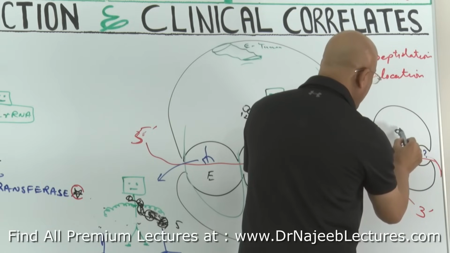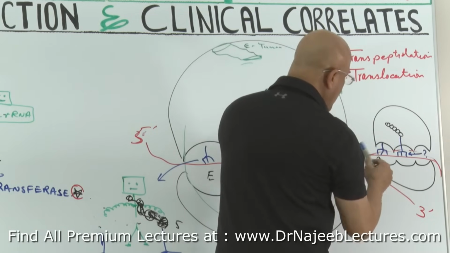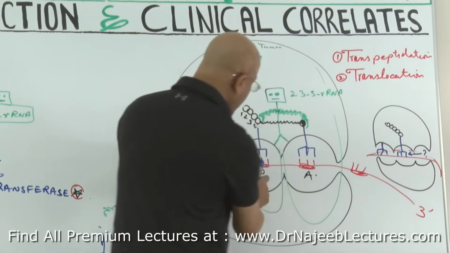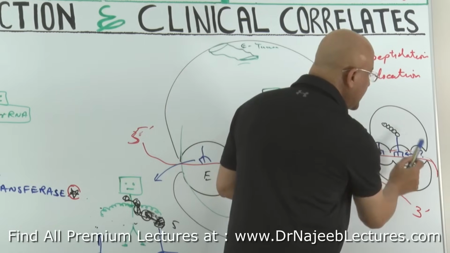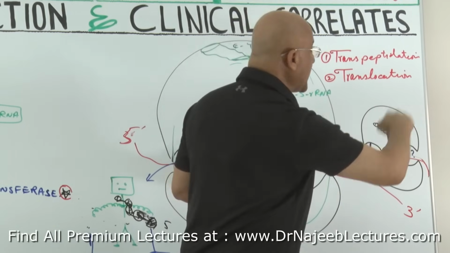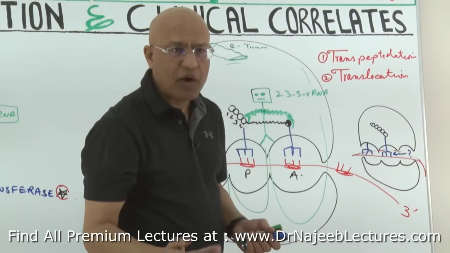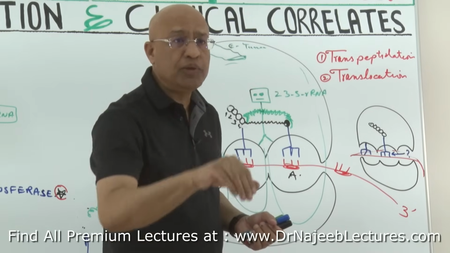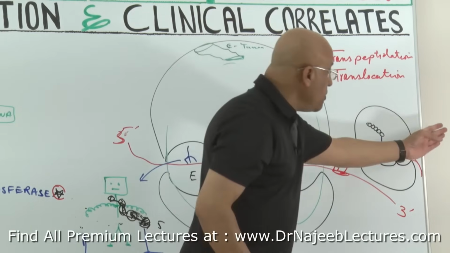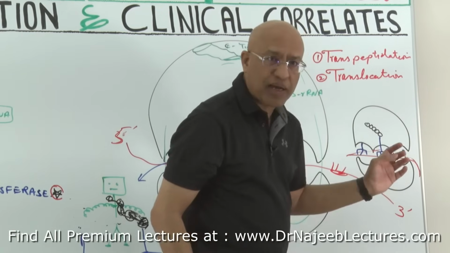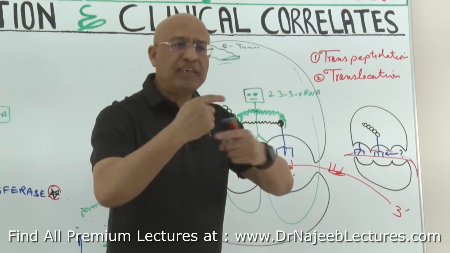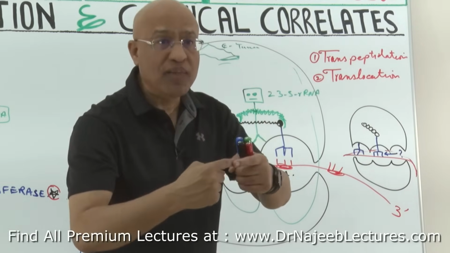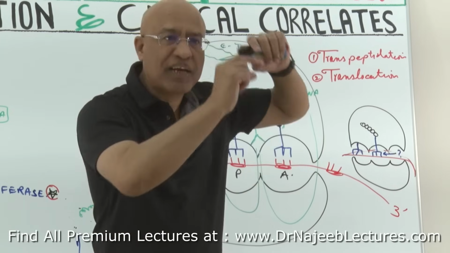That has come over here, 5 amino acids, right? And what was previously here has moved into the exit place, and the A site is empty for another upcoming transfer RNA with a new amino acid, a new aminoacyl transfer RNA, to come here, and this cycle will repeatedly go. So step by step, codon by codon, amino acid by amino acid, the peptide chain will be elongated, right?